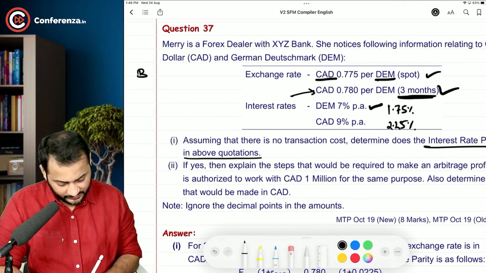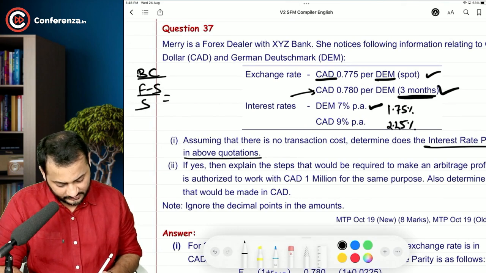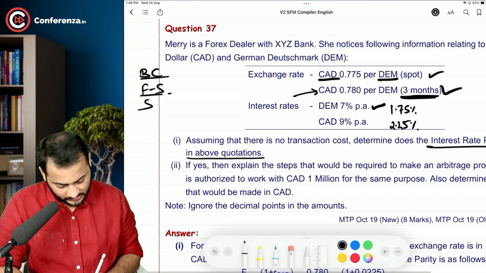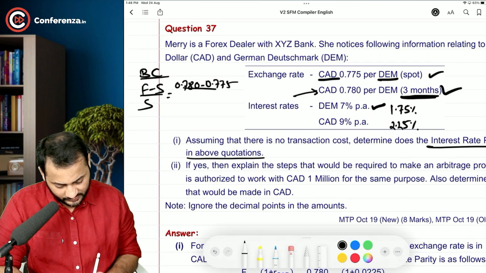In base currency we are calculating, that means the formula should be F minus S divided by S, and that's 0.780 minus 0.775 divided by 0.775.